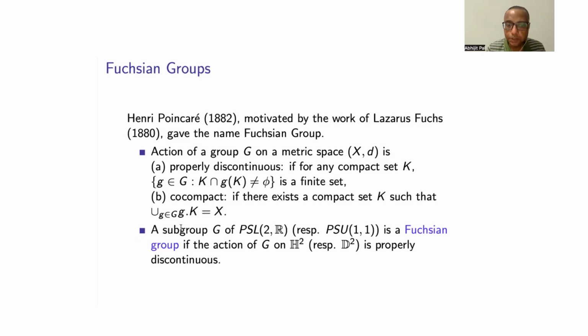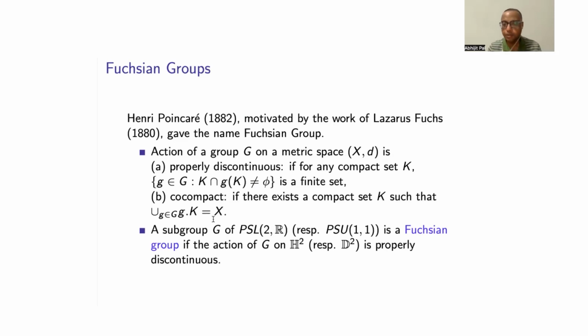And a subgroup G of PSL2(R) is said to be a Fuchsian group if the action of G on this upper half plane is properly discontinuous. Equivalently, if you take any orbit, that will be a discrete subset of this upper half plane. These things we have already seen.